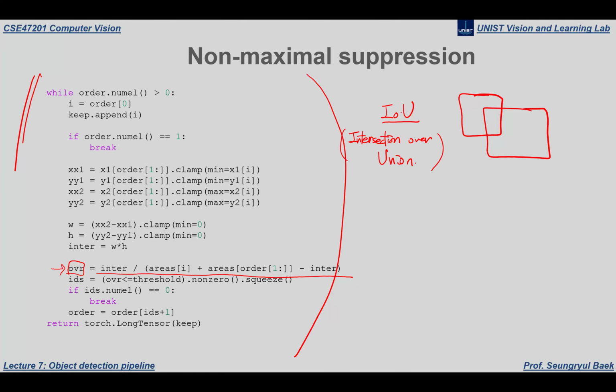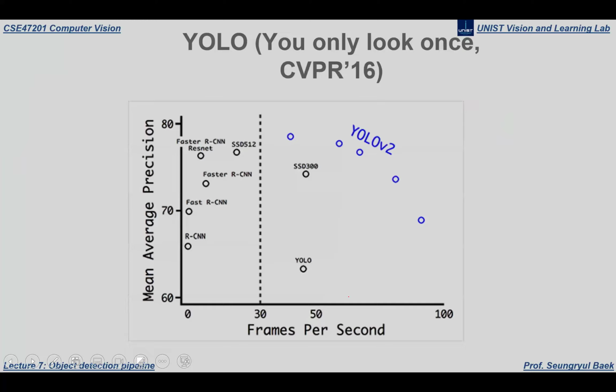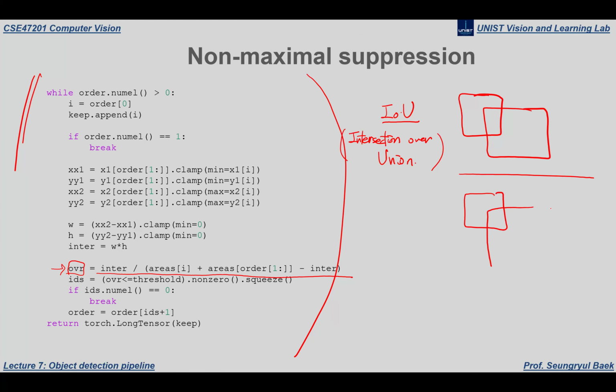What they do is calculate the intersection region of these two bounding boxes and divide it by the union region. That's why it is called intersection over union. So this is the intersected region, and this is the union region of the two bounding boxes.